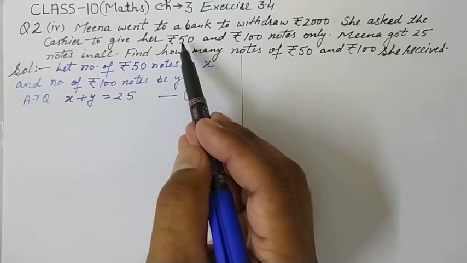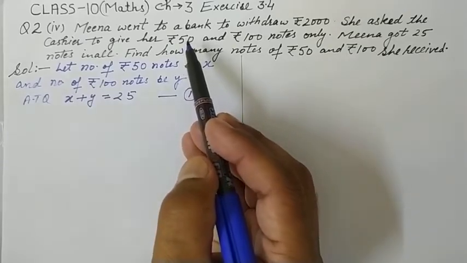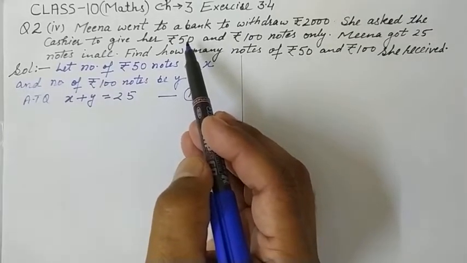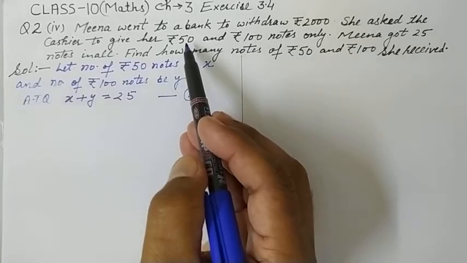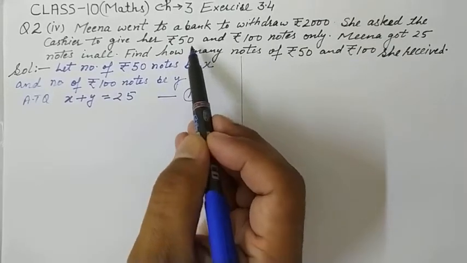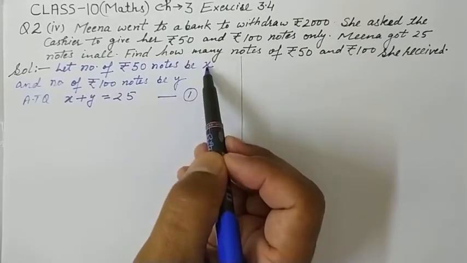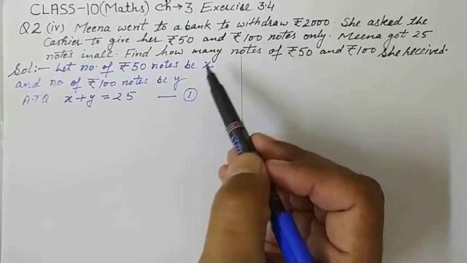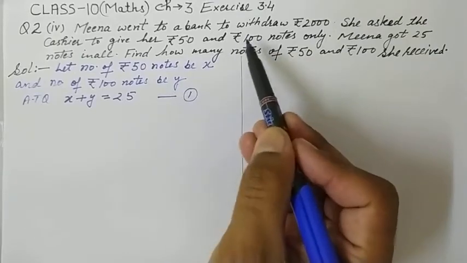With 4 notes of 50, total money is 200. 5 notes, 250. So if there are x notes of rupees 50, then money formed is 50x. And if 100 rupee notes are y, then money formed is 100y.